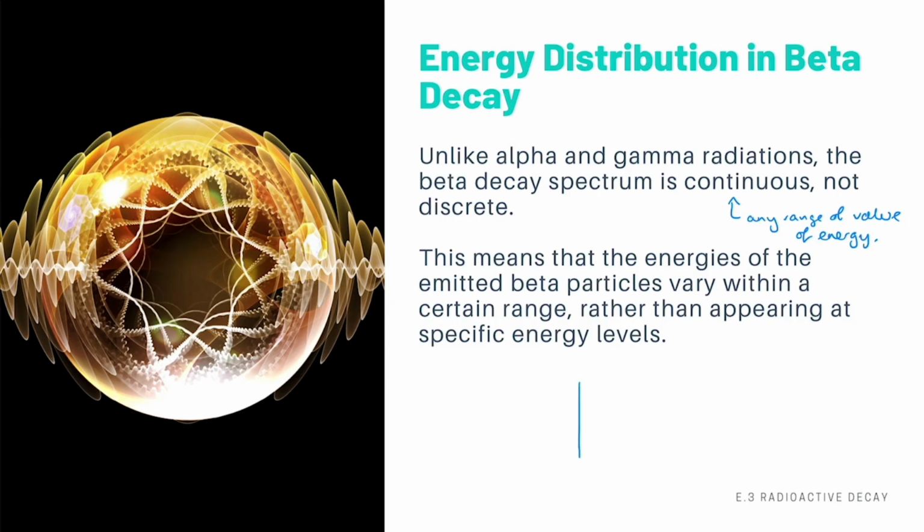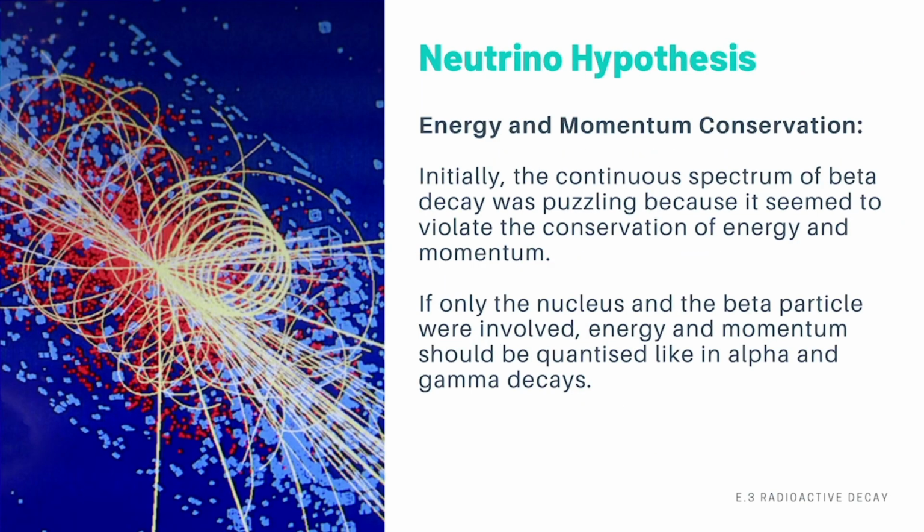So if you were to plot an intensity versus energy graph for a beta particle, you would not see these distinct, discrete energy levels that we saw for alpha and gamma. It would be continuous. Why do we care?